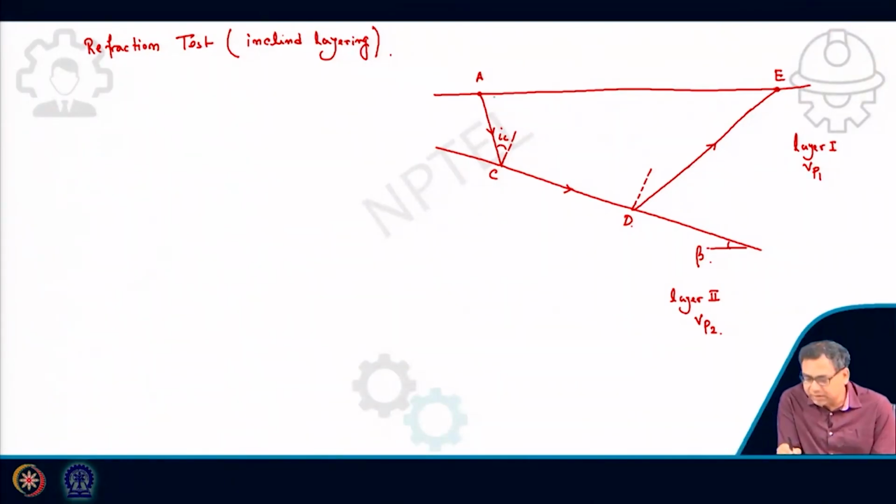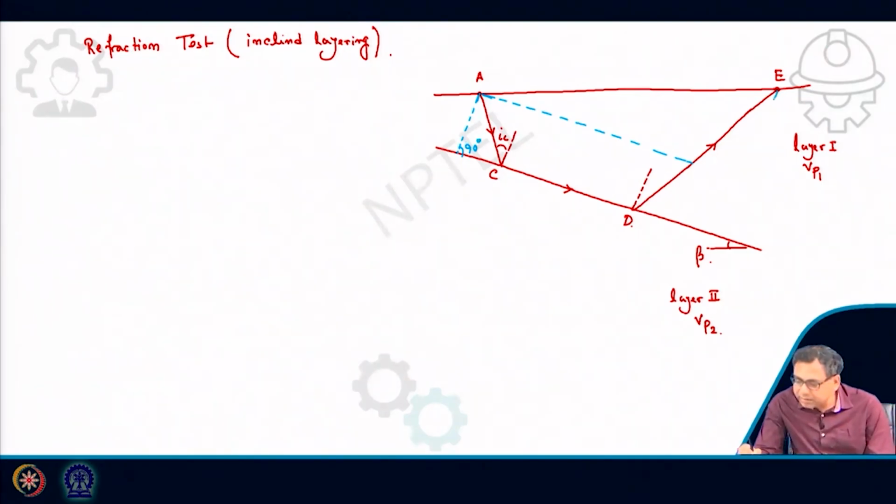Now I will draw some construction lines. First I will draw a line from A parallel to the boundary of the two layers. Then I will draw a perpendicular line from A to the boundary of the two layers.